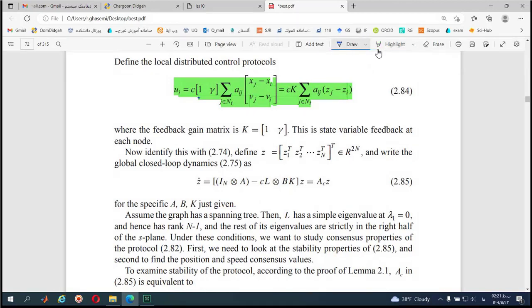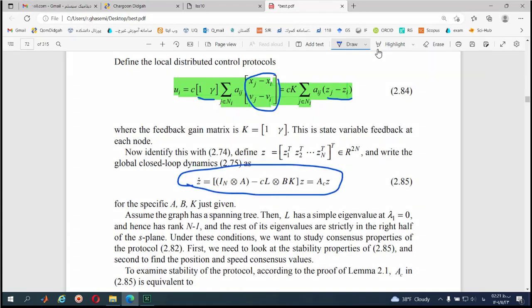We can select k as 1 and gamma, aij, xj minus xi, vj minus vi, this means c, k, and this is zj minus zi.